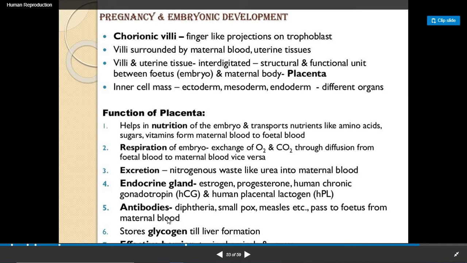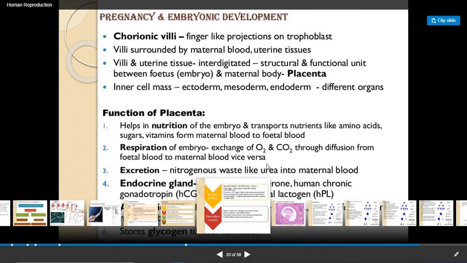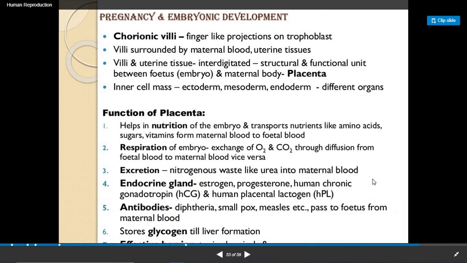Antibodies for diseases such as diphtheria, smallpox, measles, etc. pass to the fetus from the maternal blood through the placenta. Next, it stores glycogen till the liver is formed. So these are the different functions of the placenta, which are very important for the development of the embryo.